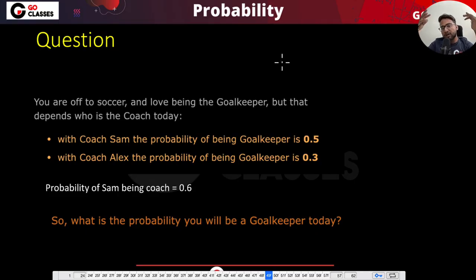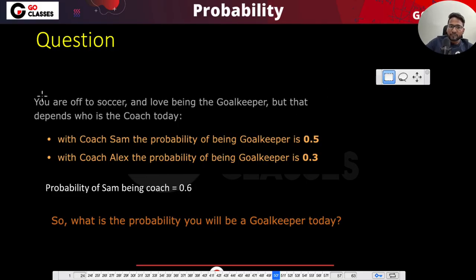So in terms of common sense, the sequence of events here is that first coach and then goalkeeper, isn't it? Very naturally it is coming. First you need to decide who is the coach, and then whether you will be goalkeeper or not. So very naturally you can easily find out the sequence of events.